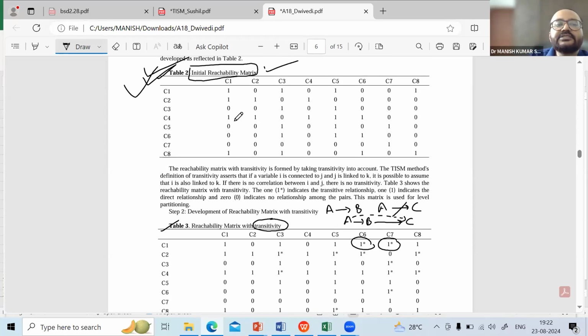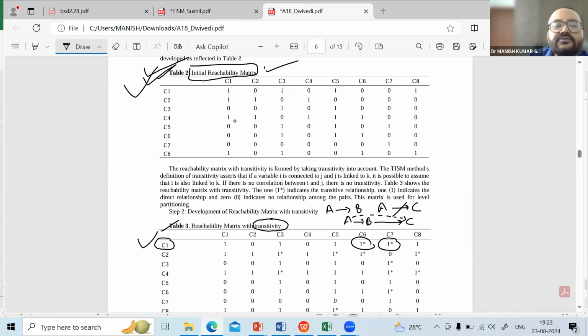For example, C1 is impacting whom? You tell me. C1 is impacting C1, so forget about that. To find out the transitive relation between two variables or phenomena supporting these particular delay factors, all of these are delay factors, and how the delay factors are interrelated is the result of the TISM model.